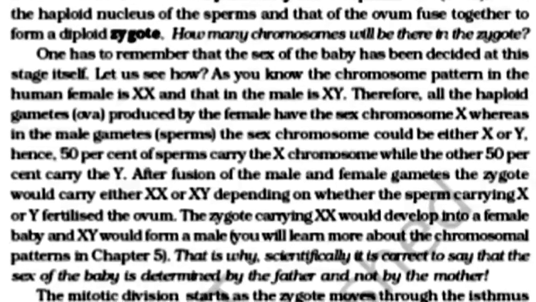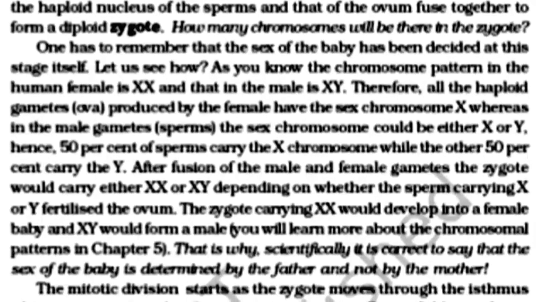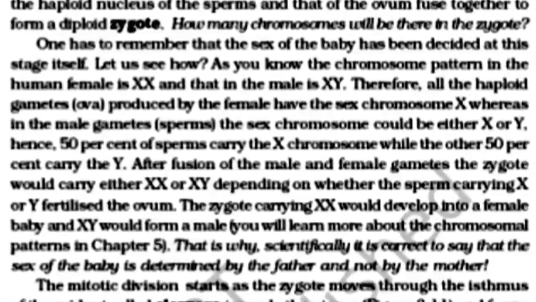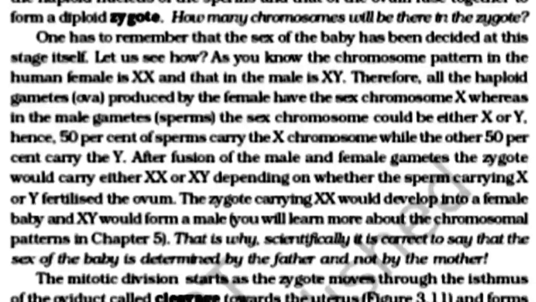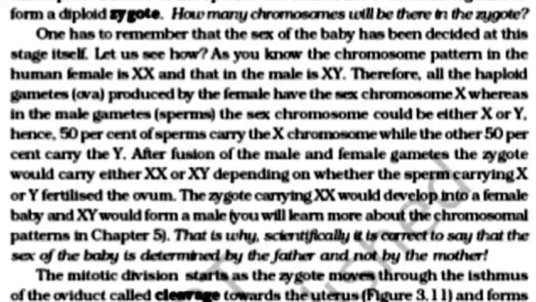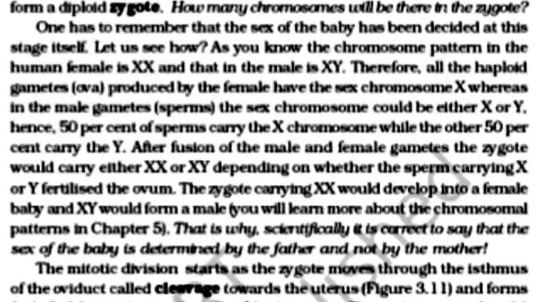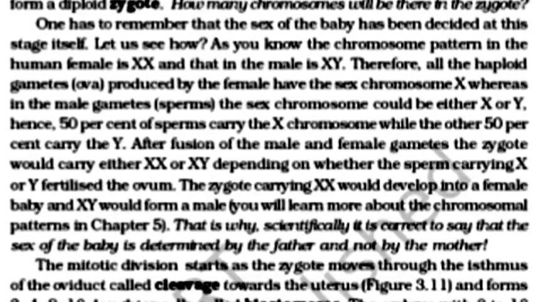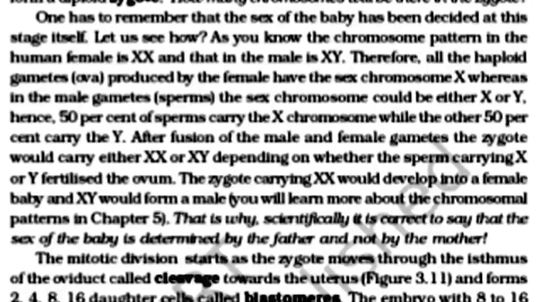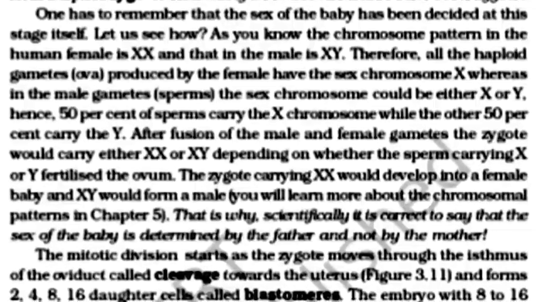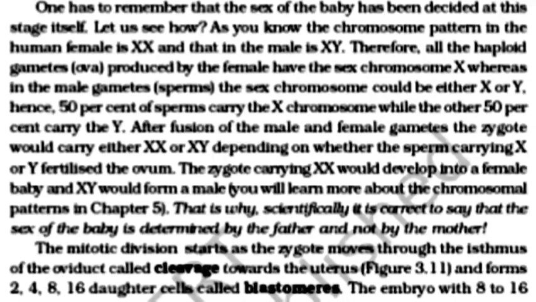Therefore, all the haploid gametes (ova) produced by the female have the sex chromosome X, whereas in the male gamete (sperm), the sex chromosome could be either X or Y. Hence, 50% of sperm carry the X chromosome, while the other 50% carry the Y. After fusion of the male and female gametes, the zygote would carry either XX or XY depending on whether the sperm carrying X or Y fertilizes the ovum.